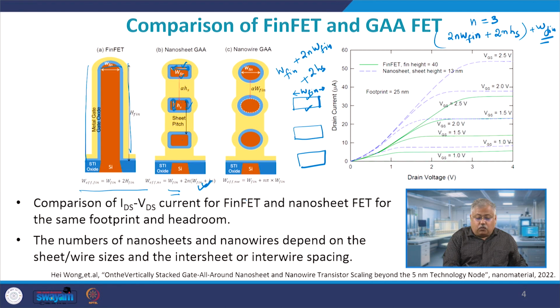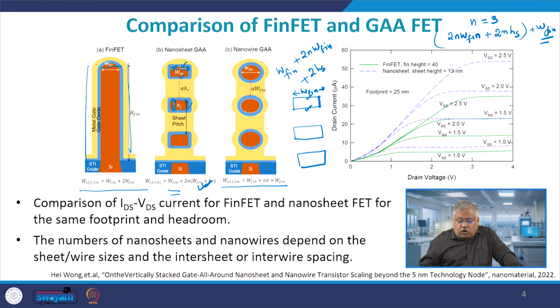Similarly, if you take a nanowire FET, where the channels are round or elliptical in nature, then I get W effective NW equal to W fin plus n pi into W fin, where W fin is given by the diameter of that whole area. Now, if you compare on the right hand side, the green colored data is for the FinFET, and the dashed blue lines are nanosheet FETs.